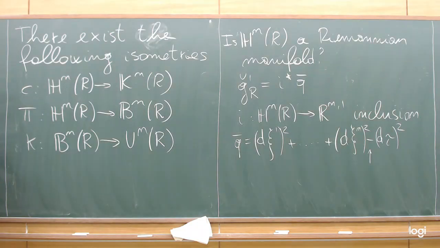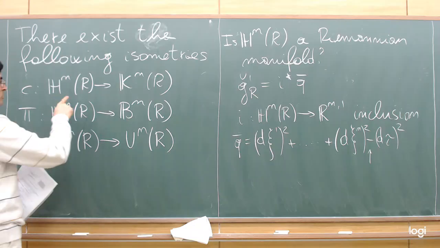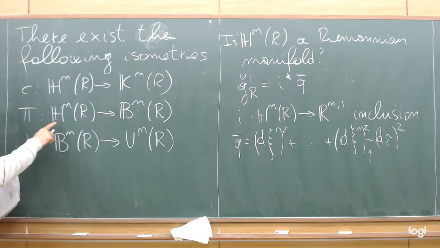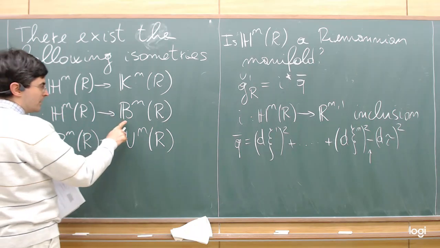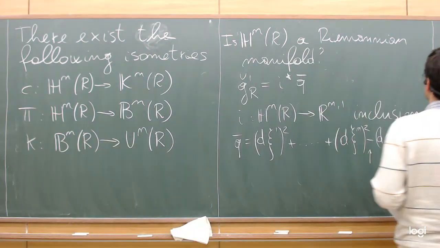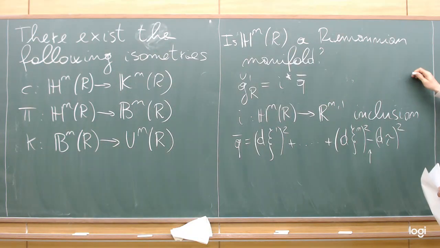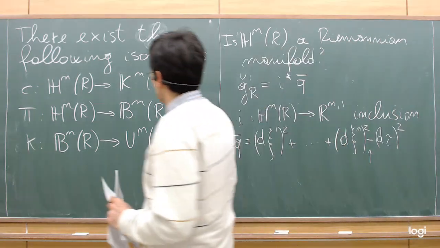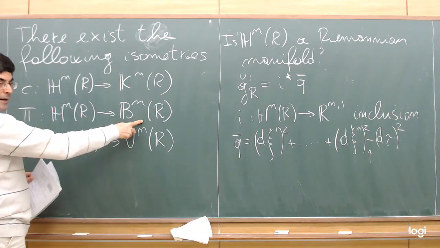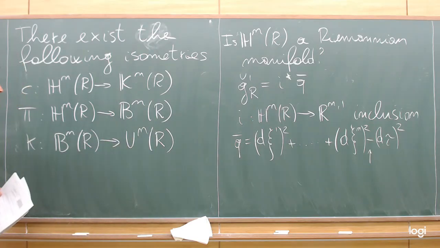If, for example, you prove that there exists an isometry between H^n_R and K^n_R, or an isometry between H^n_R and B^n_R, as a consequence you get that the answer to this question is yes, because it's clear that K^n_R and B^n_R are Riemannian manifolds.